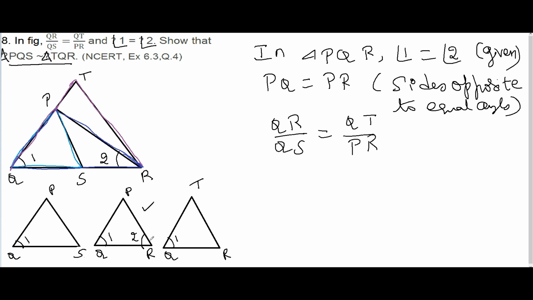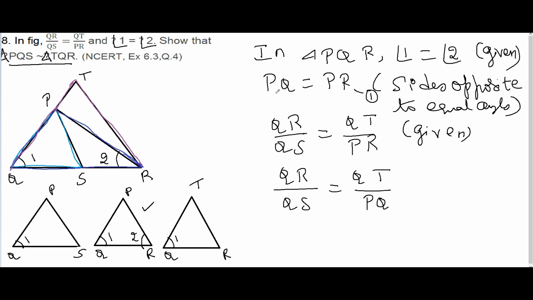QT by PR is given to us, so this one also I shall put as given. Now, I can write QR by QS is equal to QT by PQ, because from 1 I can say PQ and PR are equal here. So, I shall call it equation 2 here.